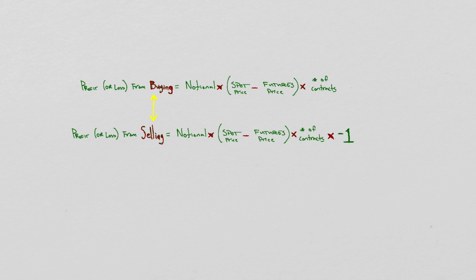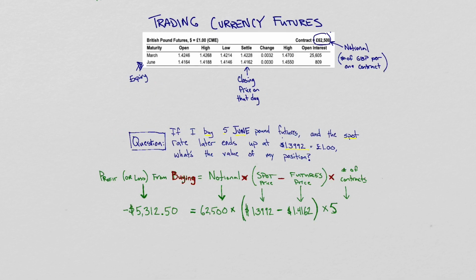So if we want to calculate the profit or loss for the seller of this futures position, super easy. We just take all this and multiply it by -1, and that's going to be the profit or loss for the seller of the futures contract. And so that just means the seller made $5,312.50.